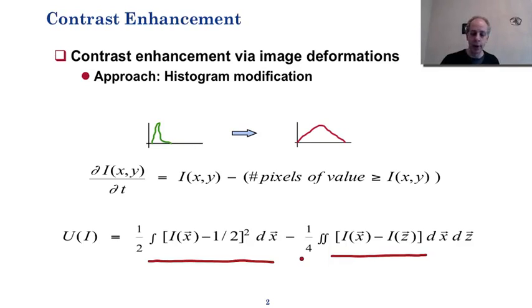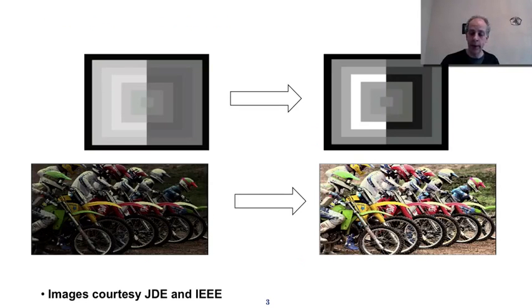So let's see some results of this. Here we have two examples, contrast enhancement here. Now the interesting thing here, you might notice that basically this is kind of localized, every region kind of moved by itself, and there is no mixing of the regions, and this was achieved by playing with those histogram boundaries, with those integration boundaries, and making sure that things that have similar pixel values, or in this case exactly the same pixel values, kind of move together.